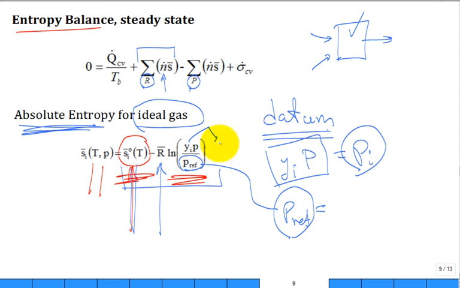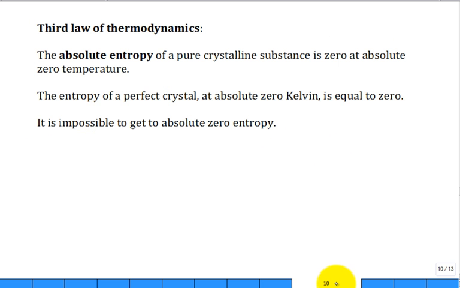If it was pure gas, but maybe the pressure was 3 atm, well then you'd take the natural log of 3. But if it was a mixture, then you have the molar fraction, Y sub I, the mole fraction, times the pressure. That's how you calculate it.